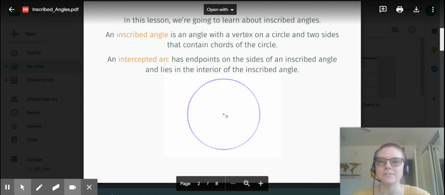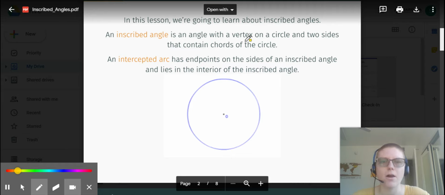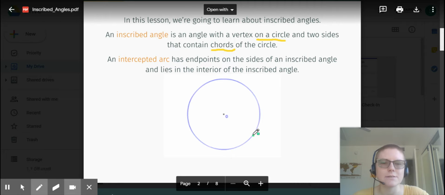An inscribed angle is an angle with a vertex on a circle and two sides that contain chords of the circle. If you don't remember what a chord is, it's just any line segment that goes from one end of the circle to the other.